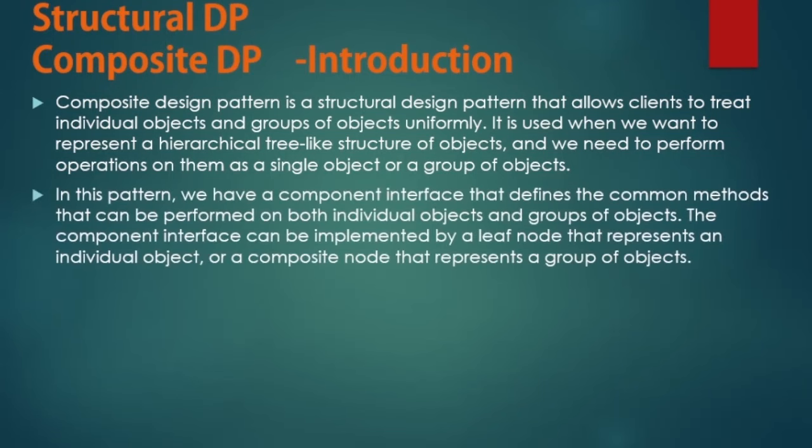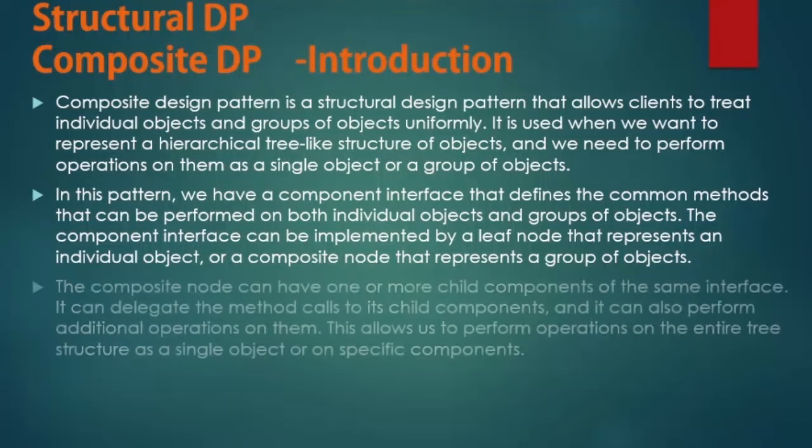In this pattern, we have a component interface that defines the common methods that can be performed on both individual objects and groups of objects. The component interface can be implemented by a leaf node that represents an individual object or a composite node that represents a group of objects.